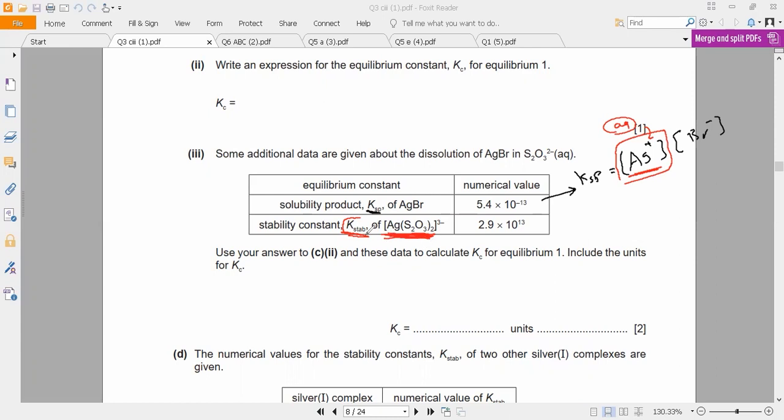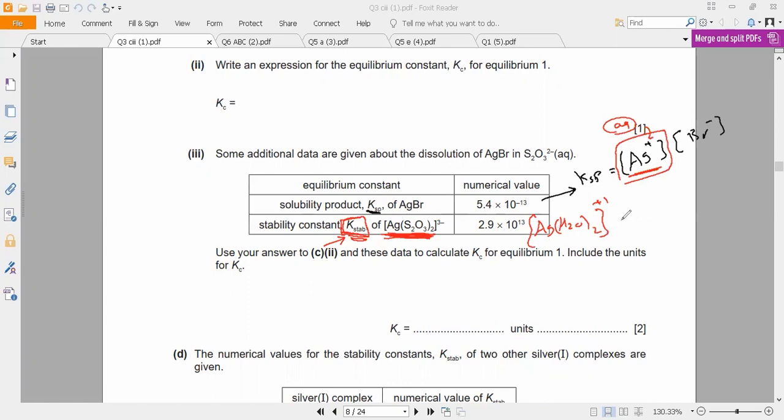Look, guys, whenever we have Kstab, that means the original complex was found in water. Let me remind you, whenever we have Kstab, that means the original complex was found in water. So look, that means Ag(H2O)2+.